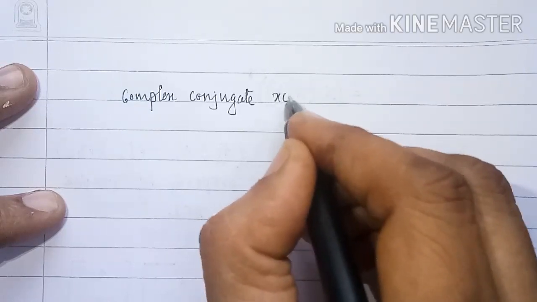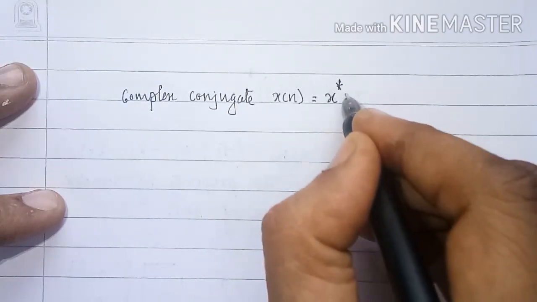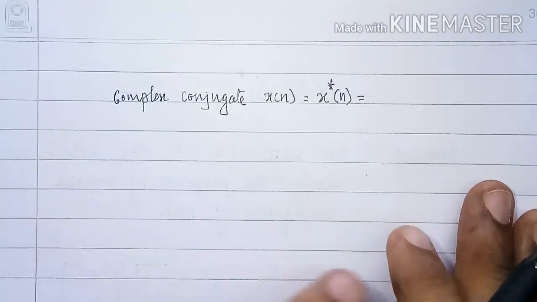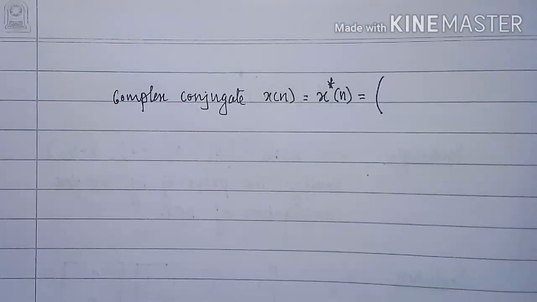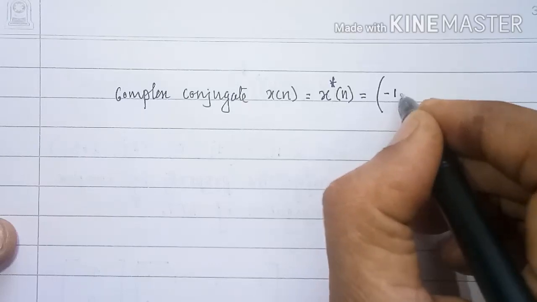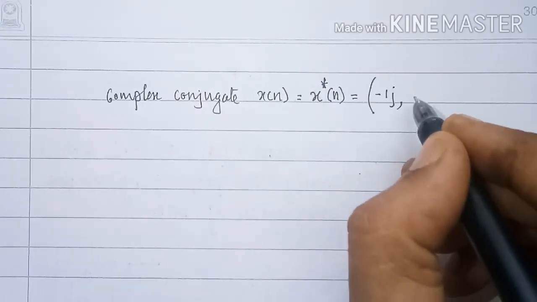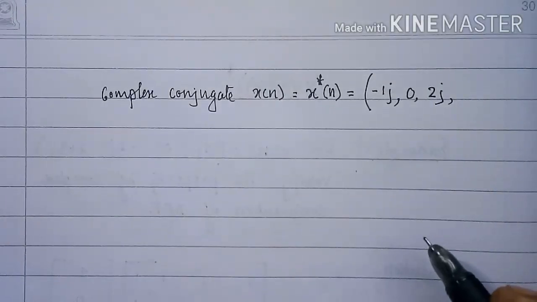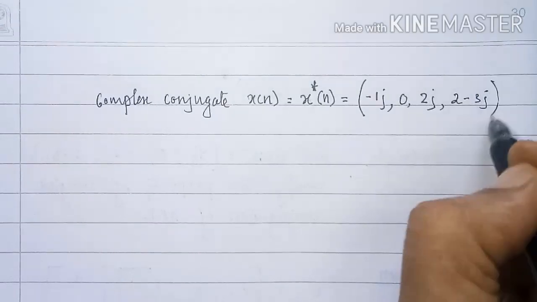Complex conjugate of x of n, that is x complex conjugate of n, equal to complex conjugate of each sample, that is minus j, 0, plus 2j, 2 minus 3j.